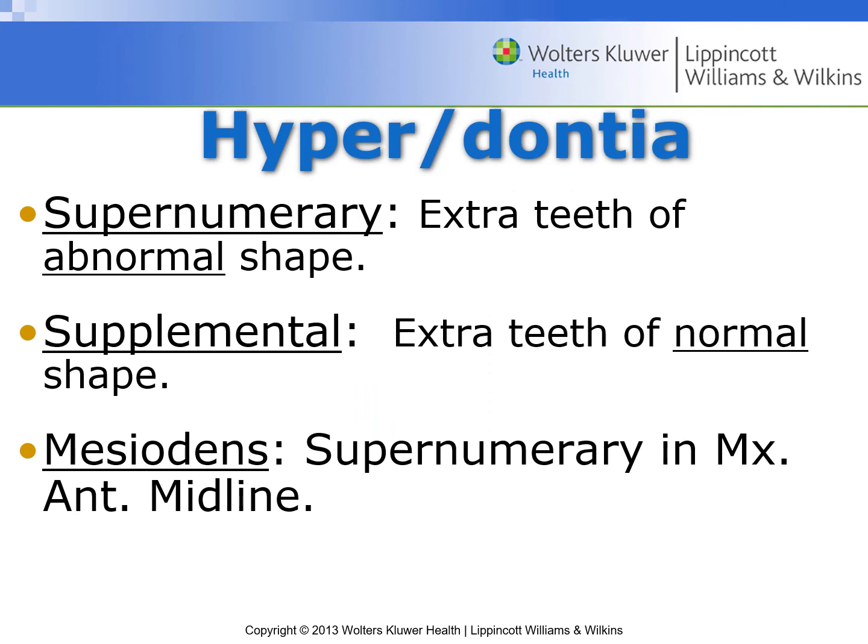So let's go with hyperdontia. Dontia means teeth, of course, and so hyper is more than the usual teeth. You have supernumerary, you have supplemental, and you have what they call mesiodens. Supernumerary is the word they use when there are extra teeth of an abnormal shape.